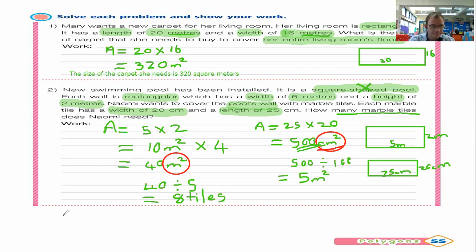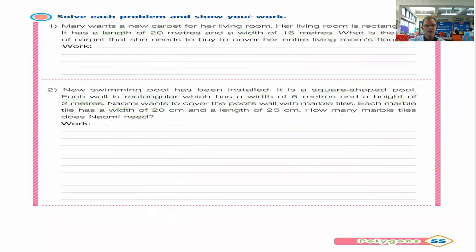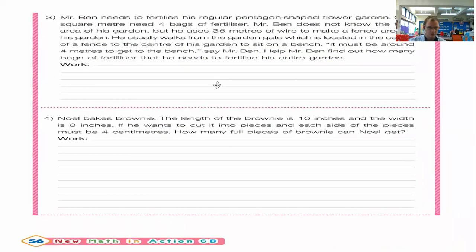Which then we can say, we need 8 marble tiles. How many marble tiles do we need? We need 8, or we can say Naomi needs 8 tiles. Okay. If I'm going a little bit fast or you don't understand, please inform me so I can slow down.